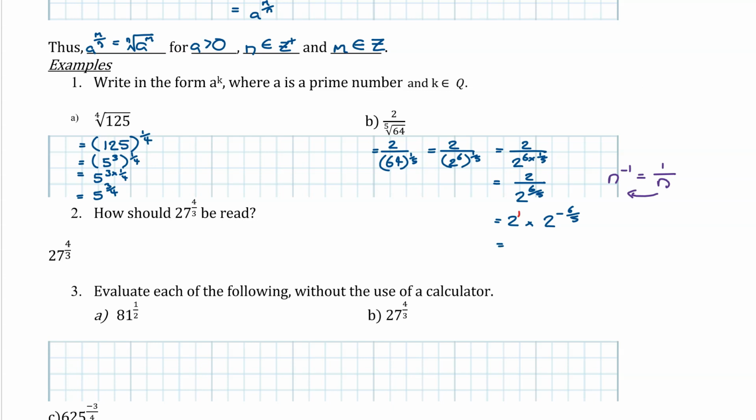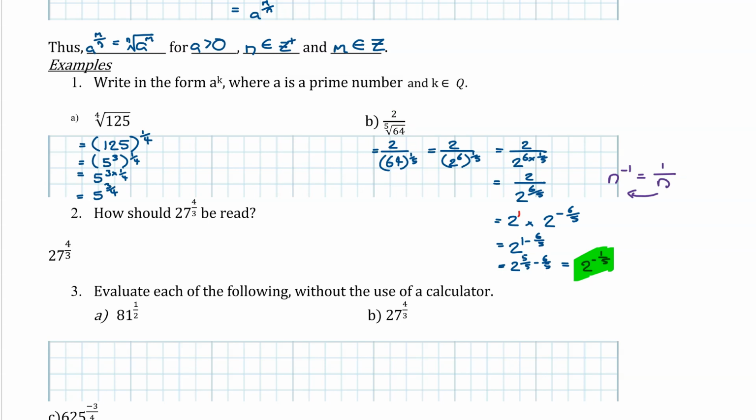Using our index laws, we can go 2 to the power of 1 minus 6 over 5, and that will work out to be 2 to the power of 5 over 5 minus 6 over 5. So it will simply work out to be 2 to the power of -1/5. So again, quite a bit going on to get from this step up here down to 2 to the power of negative 1/5.